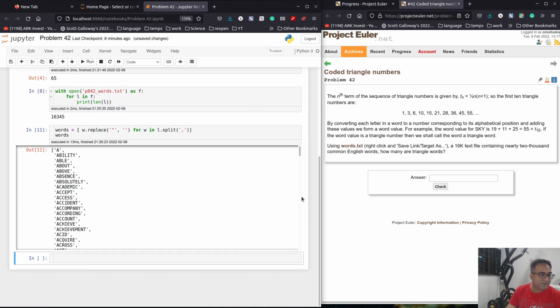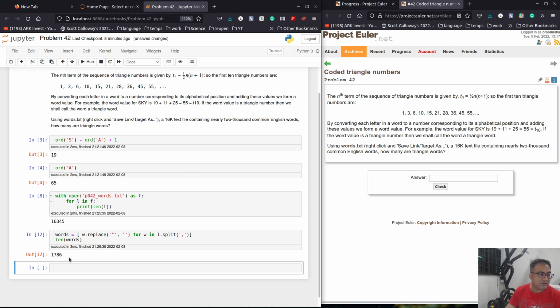Okay, so we have a list of words. And if we do length of words, there are 17,000, 18,000 words. It should be nearly 2000, so I am guessing that's all there is.